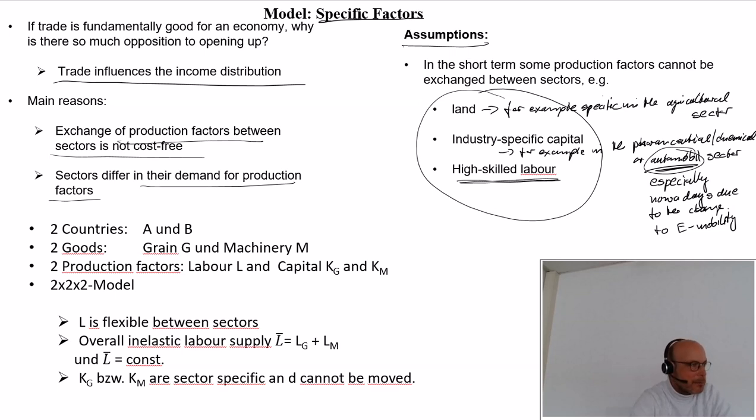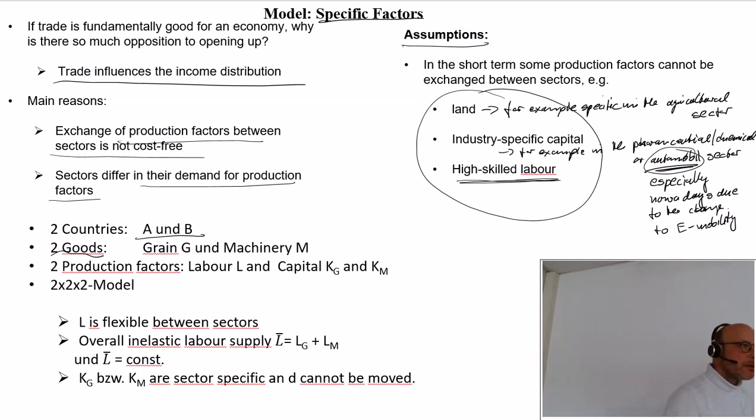Yeah, and now comes after these assumptions the theoretical part, similar to the Ricardo model. Still, we have two countries, A and B, and we have two goods.